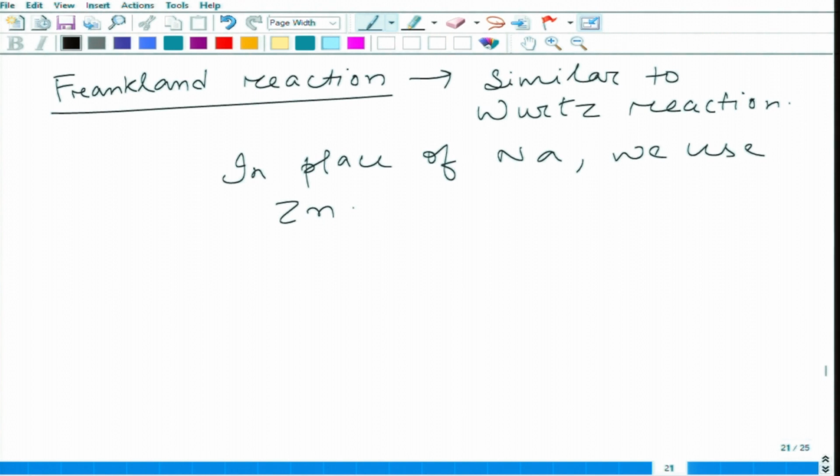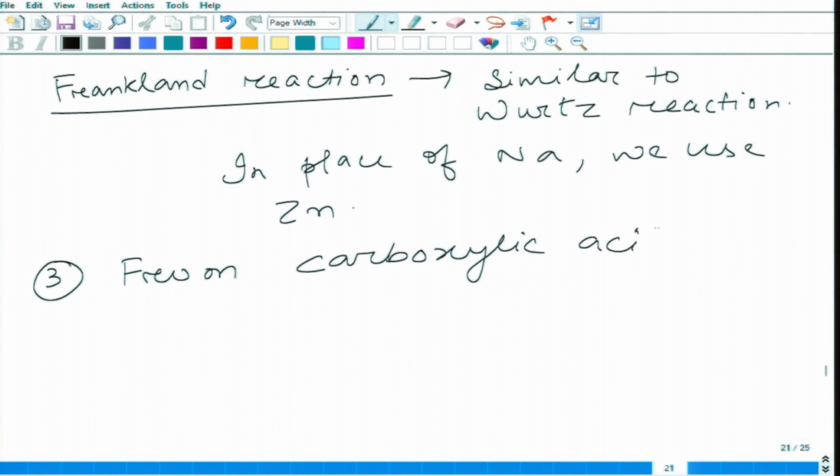So, the next process of preparing alkanes is from carboxylic acids. Okay. For the preparation of alkanes from carboxylic acid, there are two major reactions.